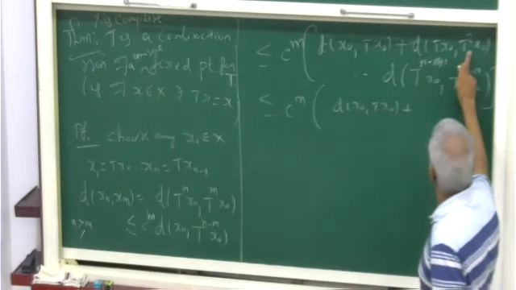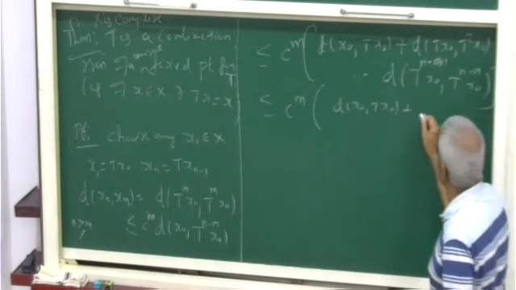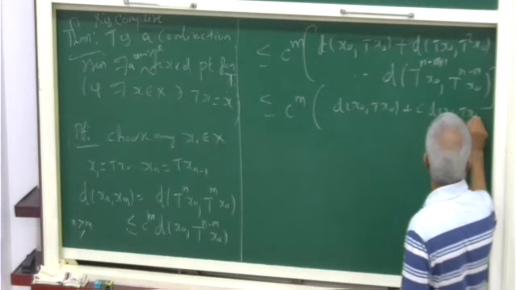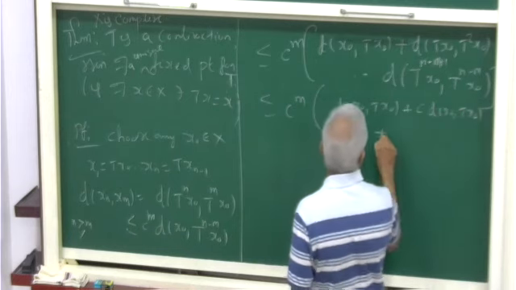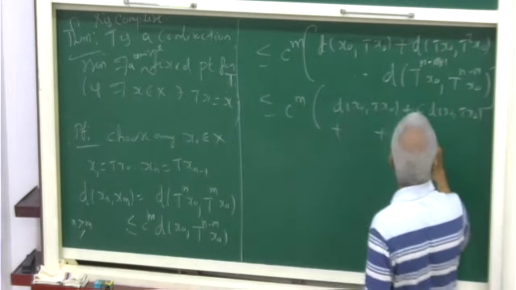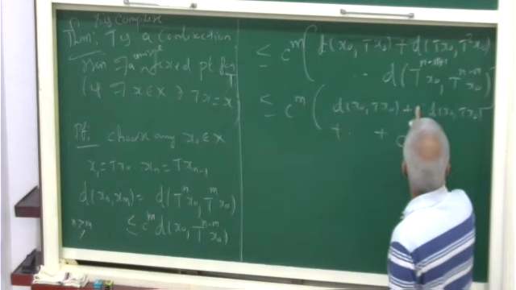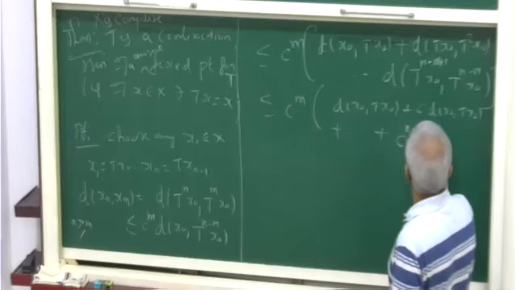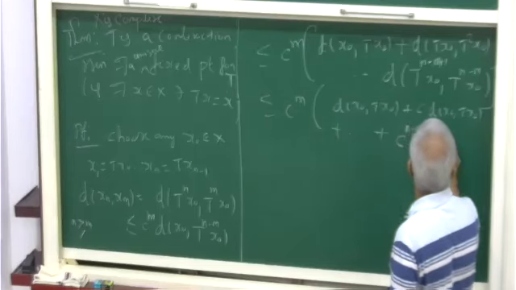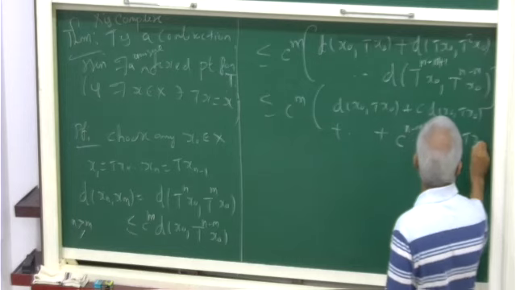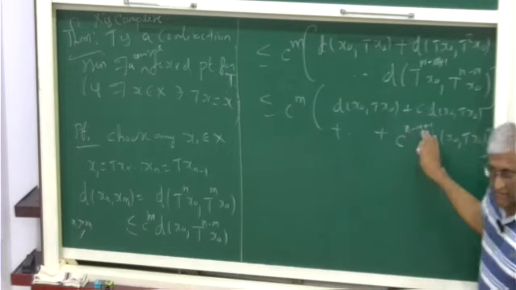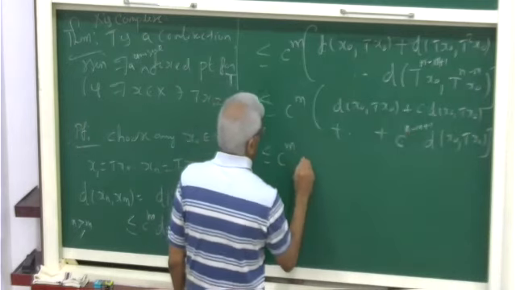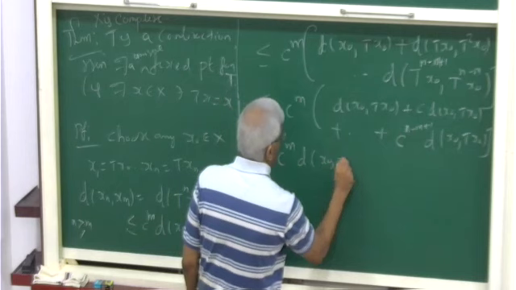But here you can take c times d of x naught, T x naught, plus up to c to that many times, n minus m plus 1, d of x naught, T x naught. Whatever you get, we got something like this. So this is something common times d of x naught, T x naught.